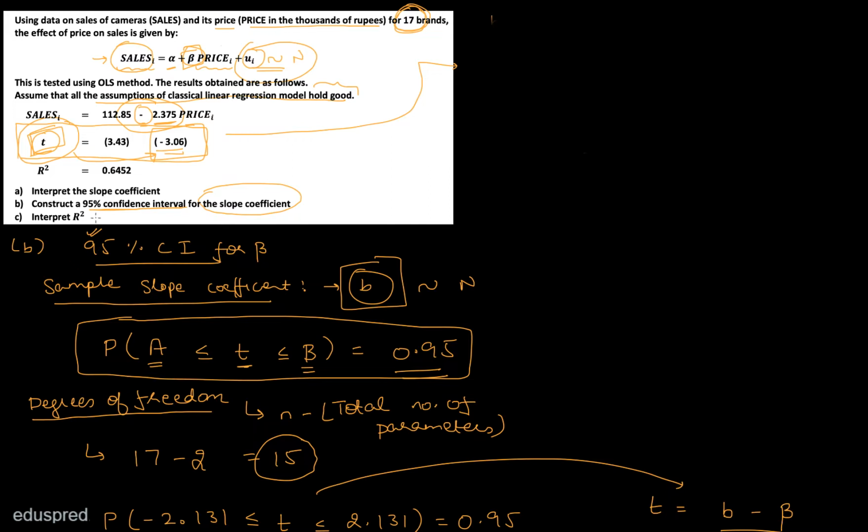In this last part, they are asking us to interpret r square. We are given that r square is equal to 0.6452. First I'm going to write the general interpretation of r square, and then we will interpret the r square for this specific question.